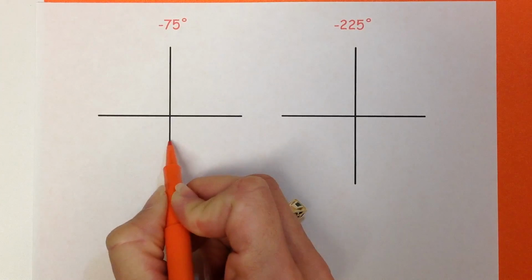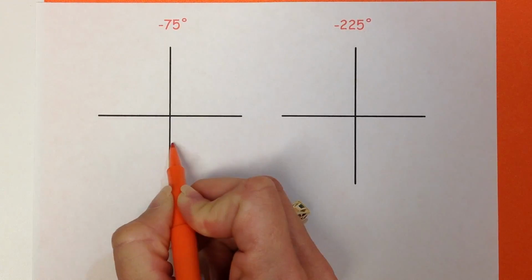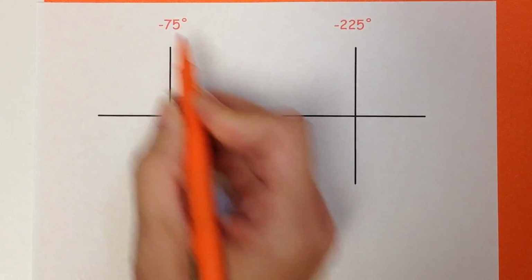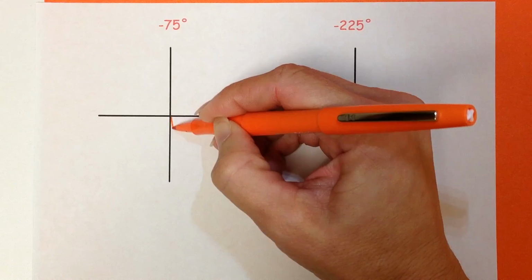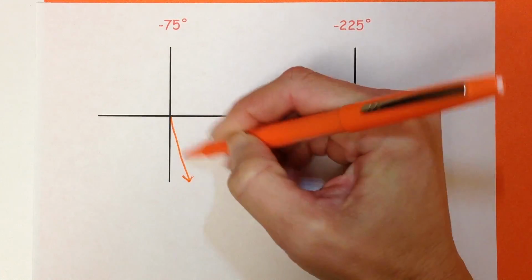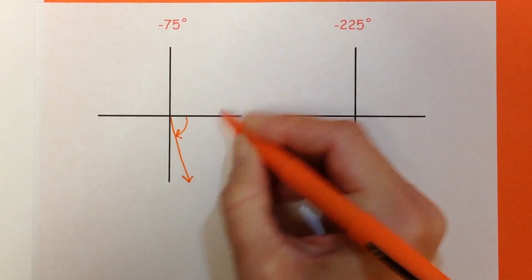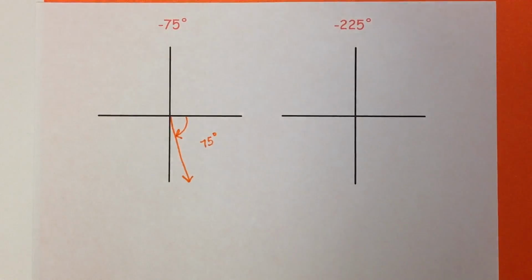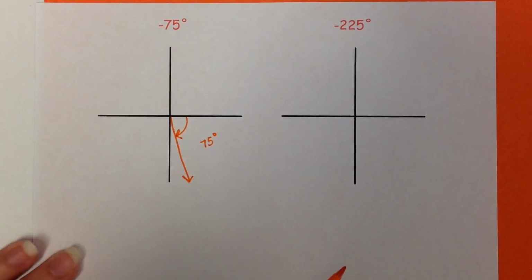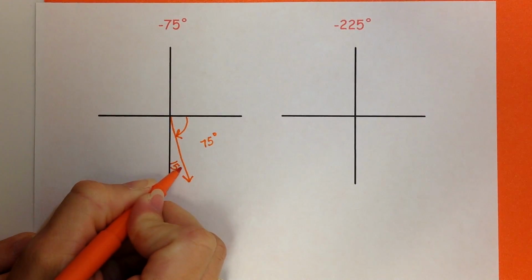I'm not even going to come all the way down, because coming all the way through that 4th quadrant is 90 degrees. I only need to go 75 degrees. So that would put my terminal side somewhere in this region, because from here to here would have to be this amount of 75. So of course that leaves this little section to have 15 degrees in it.